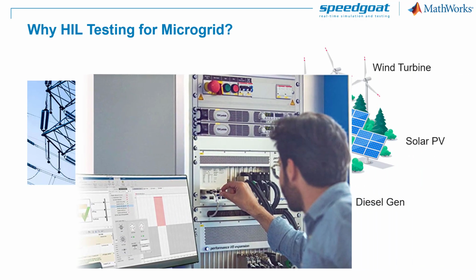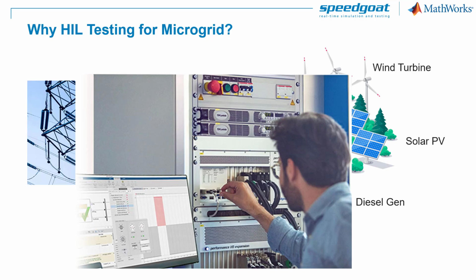With HIL testing, you can test your control's robustness by running the system in extreme scenarios or with different system variations with zero risk. To do so, a common practice is to use model-based design, and hardware-in-a-loop testing is a key step for that. Let me show you a bit more detail on how we want to do this with the model-based design and the testing.